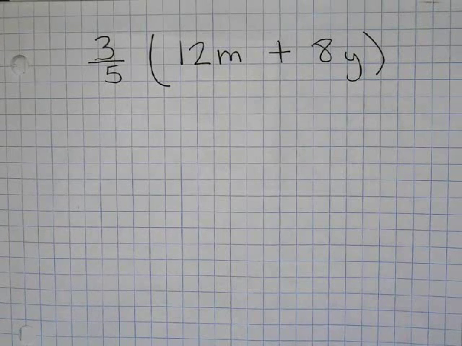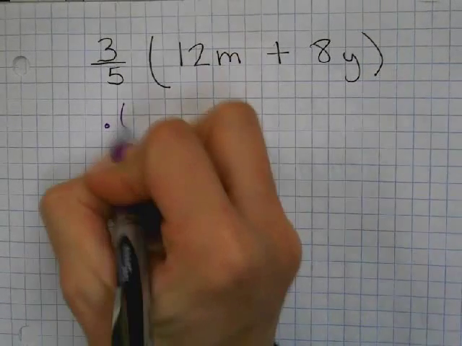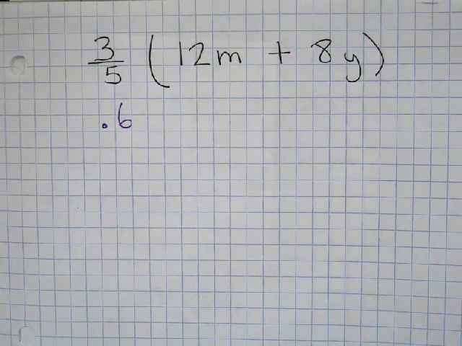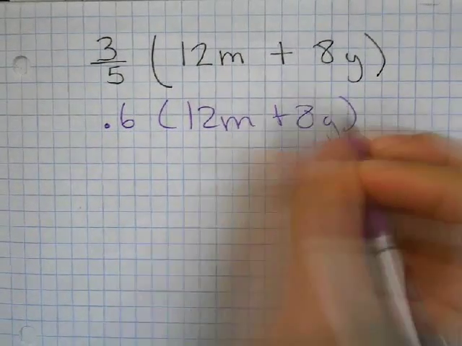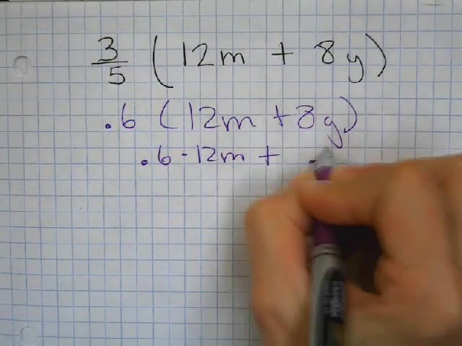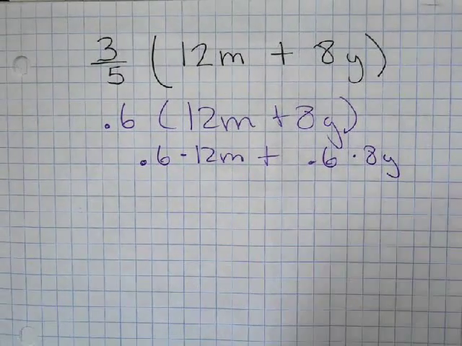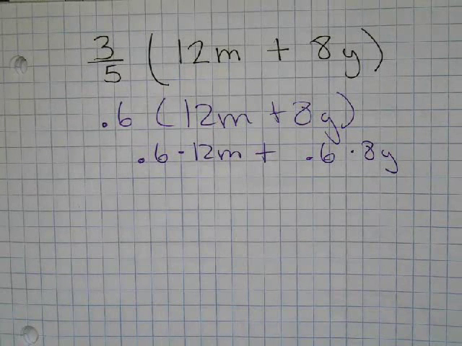Who wants to give me their answer? Okay, not yet. We're going to give them a couple more seconds. Well, Joshua, can you tell me what 3/5 is equal to? So everybody, that's your first step, right? It's 0.6. Joshua, what did you get?